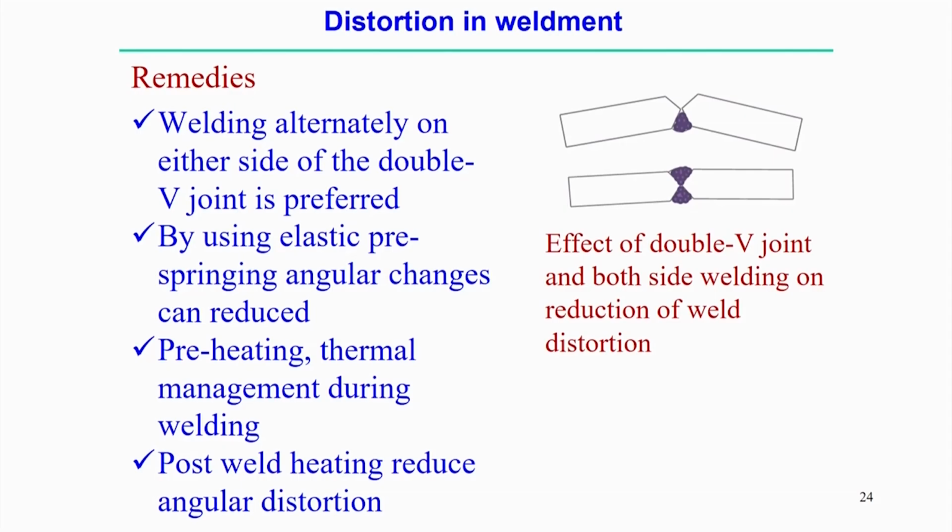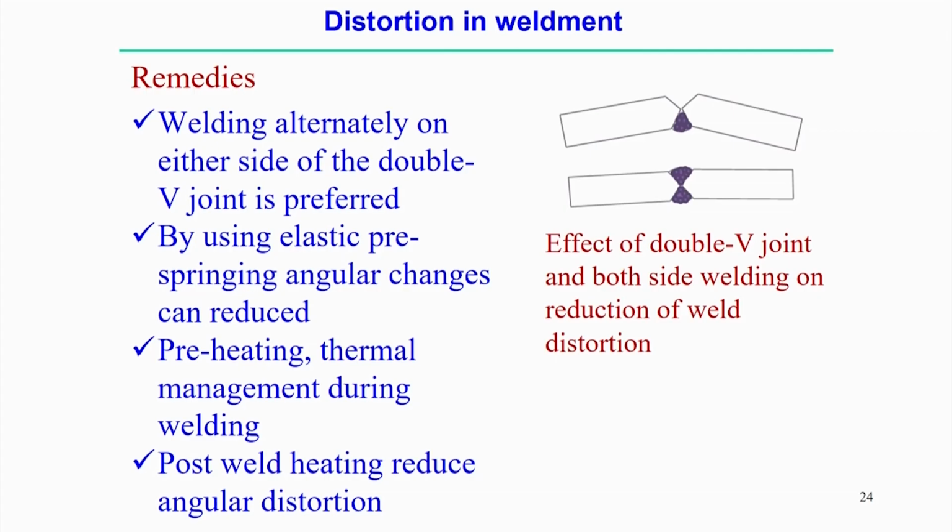In this case, if a similar weld pool volume can be placed on both sides of the plate, it will neutralize the angular distortion, and it is very obvious from the figure. Therefore, welding alternately on either side of the double V joint is preferred to reduce the distortion.